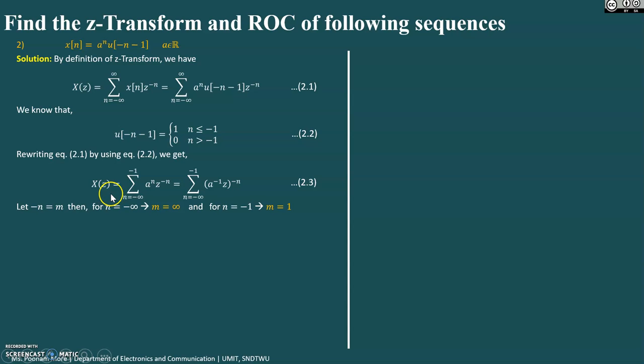So now let's write x of z, that is equation number 2.3, in terms of m. Therefore we will have x of z is equal to summation of a inverse z raised to m, where m will take the value from 1 to infinity, as we have discussed earlier.